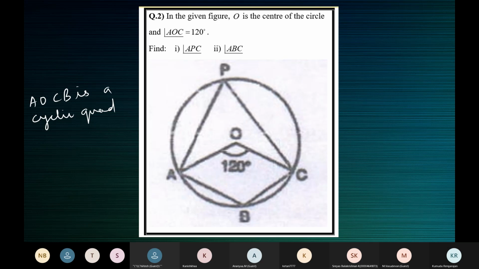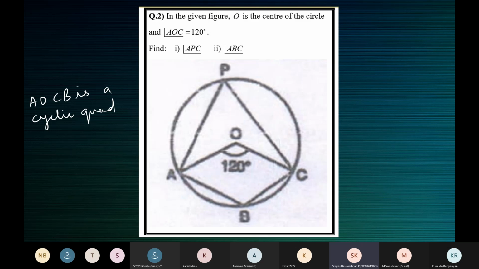Is AOCB a cyclic quadrilateral? No, ma'am.